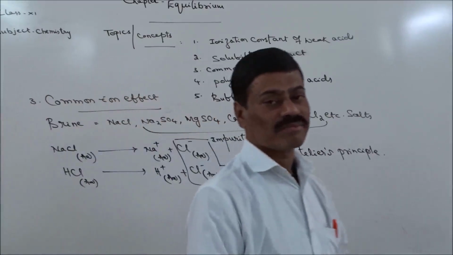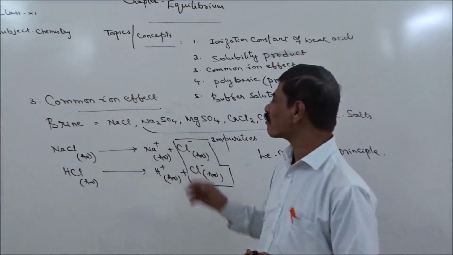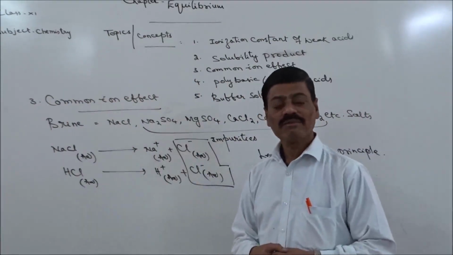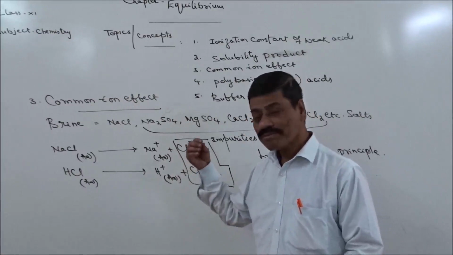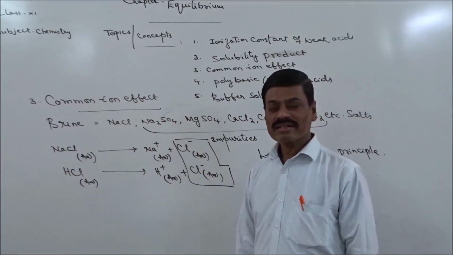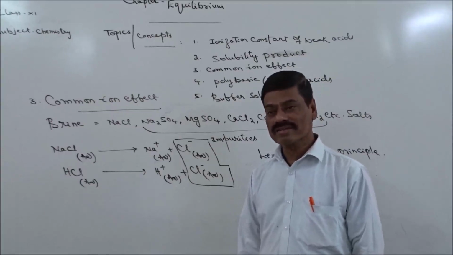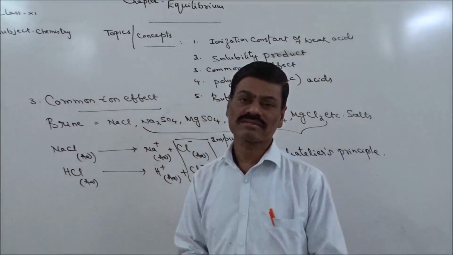100% pure means high degree of purity is expected because of common ion effect. Because of that reason, we will get highly pure sodium chloride salt. Right? That is taken and it is pulverized, means converted into powder in small crystals.